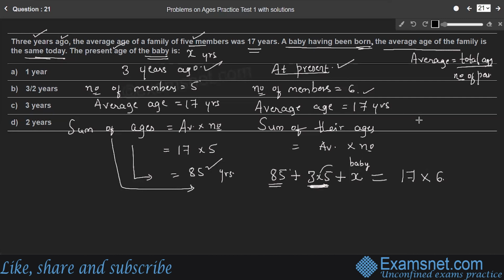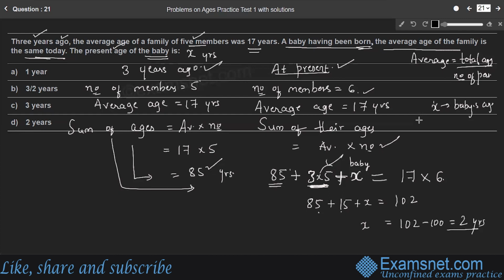Only 5 members at present, so it becomes 3 years into 5 members, plus the baby having been born, whose age is X. By the formula, average into number of persons, simplified: 85 plus 15 plus X is equal to 102. 85 plus 15 is 100, so 102 minus 100 is equal to 2.